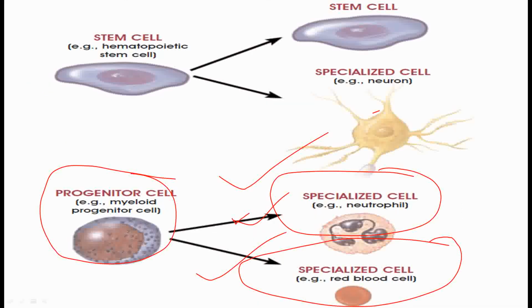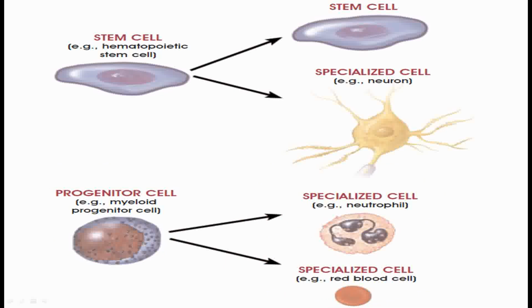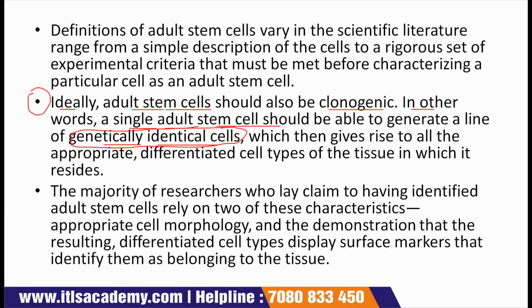These cells, we are talking about these specialized cells generated by the division of progenitor cells, are same in shape and size. Both are specialized cells, which then give rise to all the appropriate differentiated cell types of the tissue in which it resides.